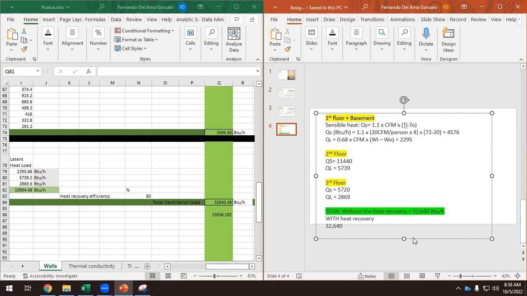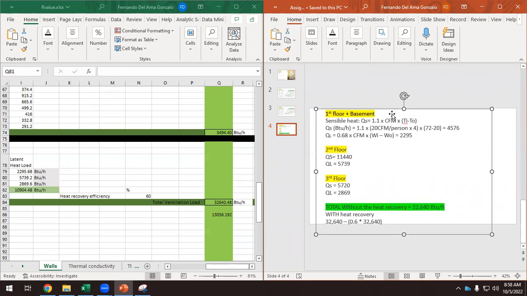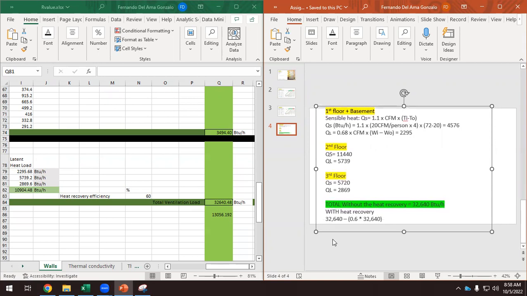32,640 minus 60%, 0.6 times 32,640. Okay, so this is what I have done in the formula. I have subtracted the original value minus 60% of that original value.